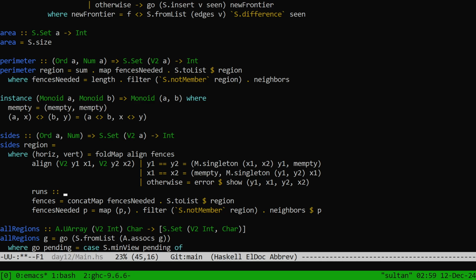This one is a function from, assuming that A is ordered, and I mean, why don't I just say Int? I'm just going to define three of the things that an Int cares about. Like, it has to be orderable, and also it has to be a number, and it's just silly. Runs takes a list of Int and produces a single Int.